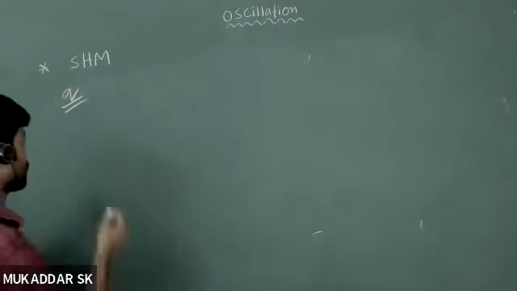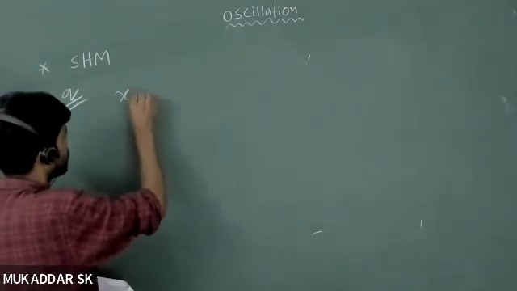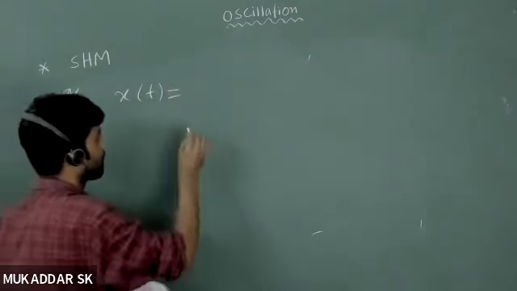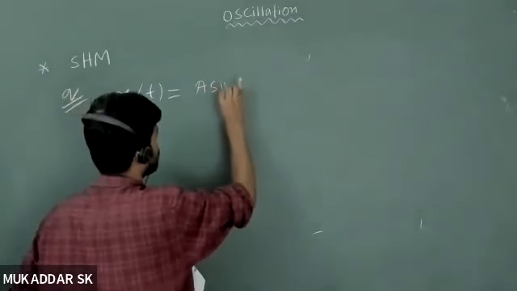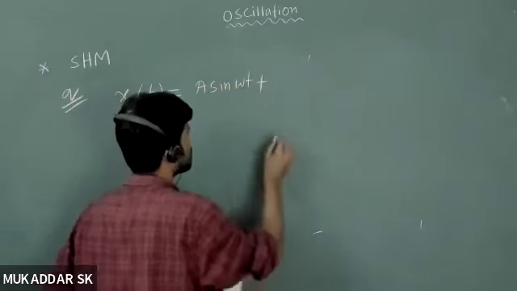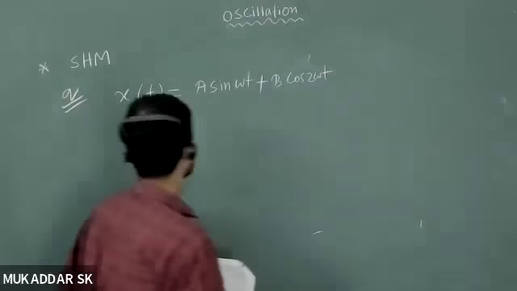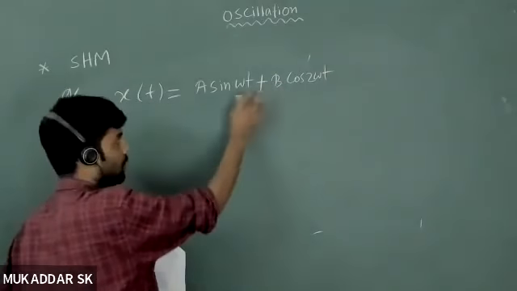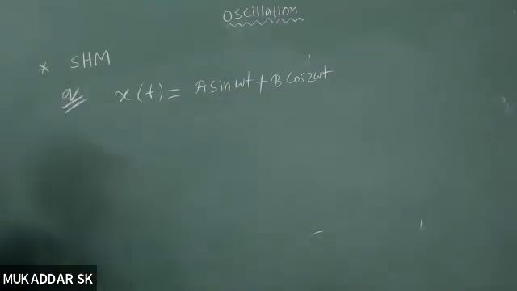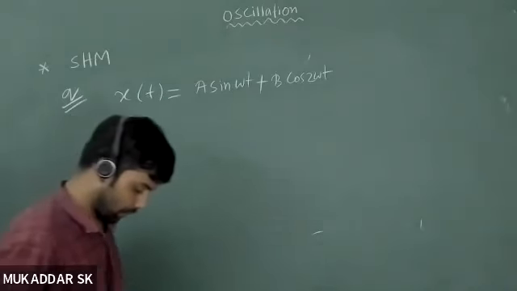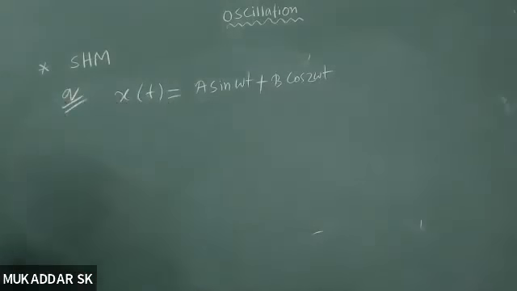Another question: the displacement of a particle is given as x(t) equals a sine of omega t plus b cos of twice omega t, where a and b are constants, and omega is angular frequency. Is this equation representing simple harmonic motion?